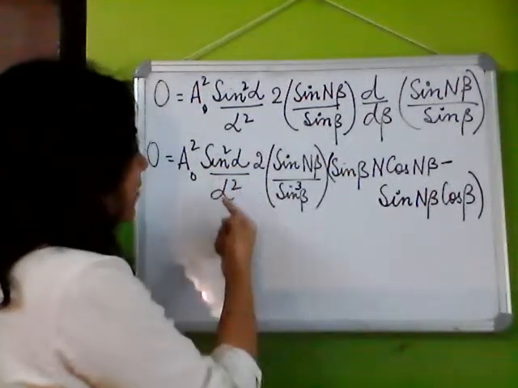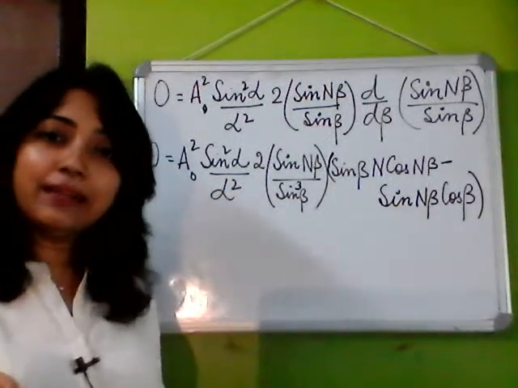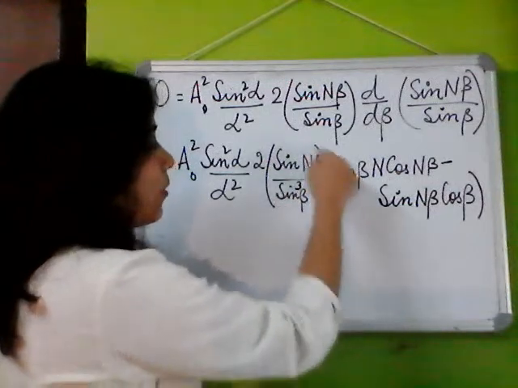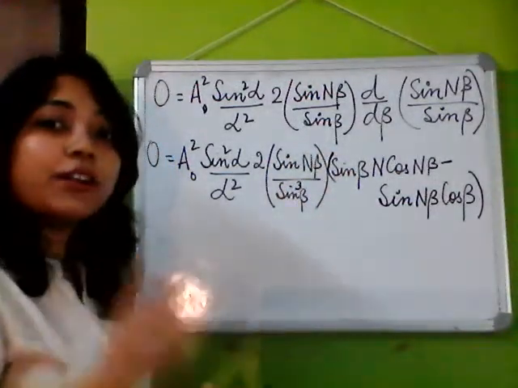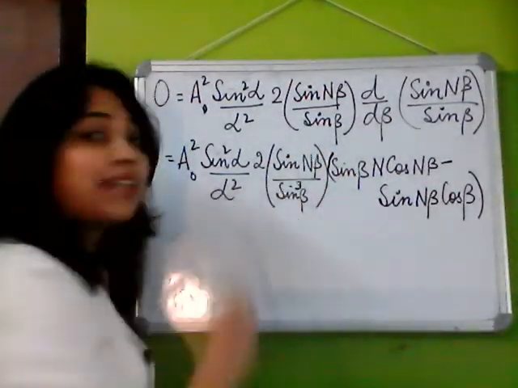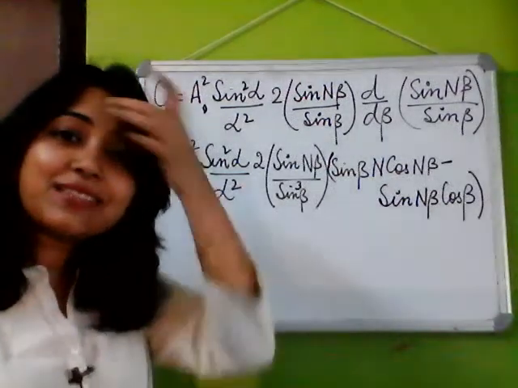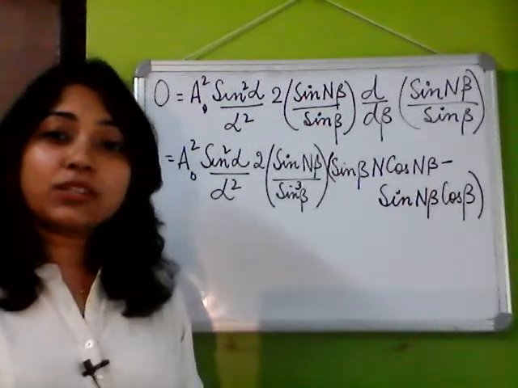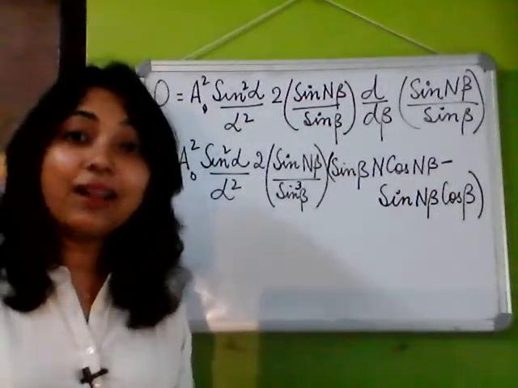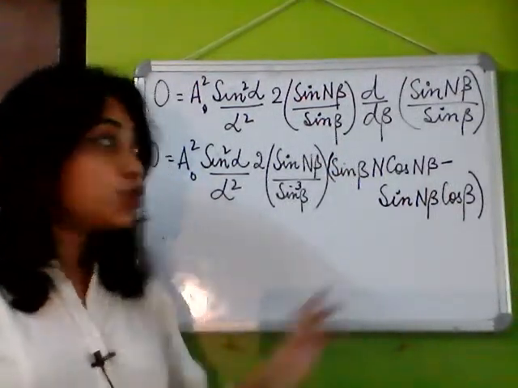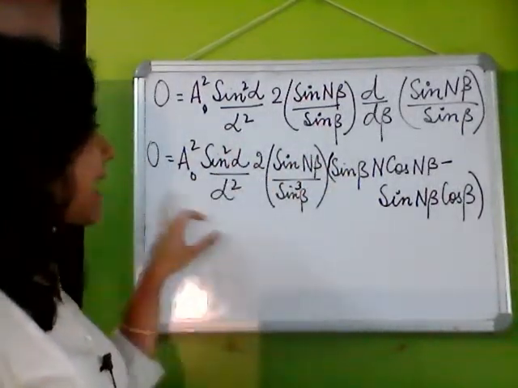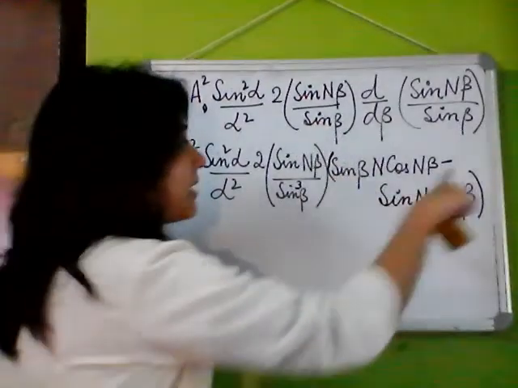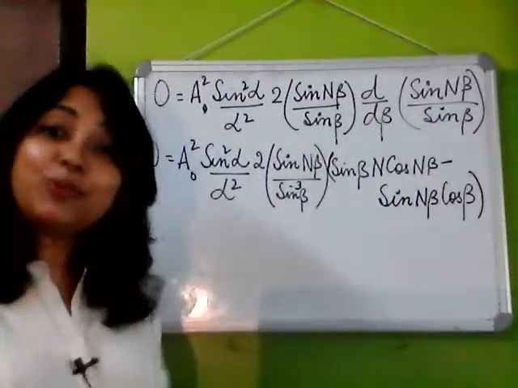If sine square alpha by alpha square becomes 0, once again, it has no meaning. Similarly, this condition can also not be equal to 0. We have already seen that if sine n beta is equal to 0, that gives us the condition for minimas. If sine beta is equal to 0, that gives us the condition for primary maximas. So, none of these quantities can be 0. Only which part can be 0? This part within the brackets is allowed to be 0.